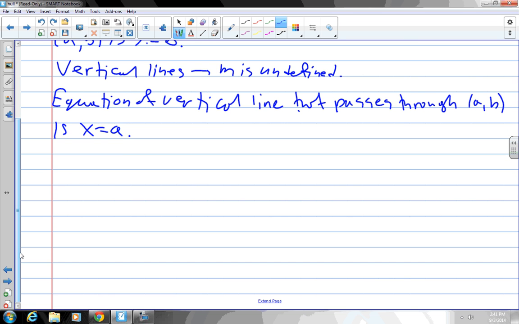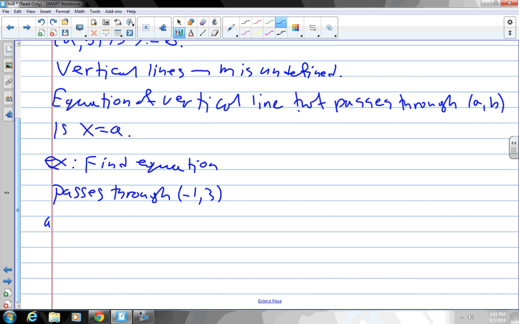So let's do an example. Find the equation of a line that passes through (-1, 3) and is perpendicular to the x-axis.